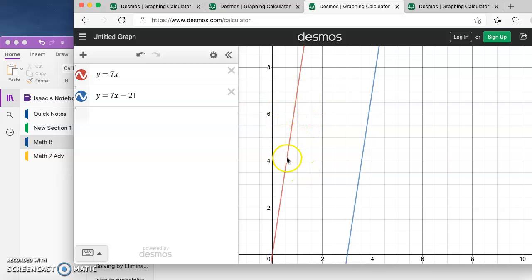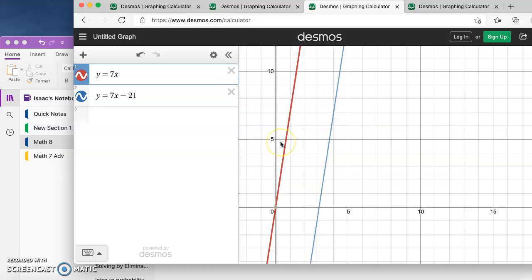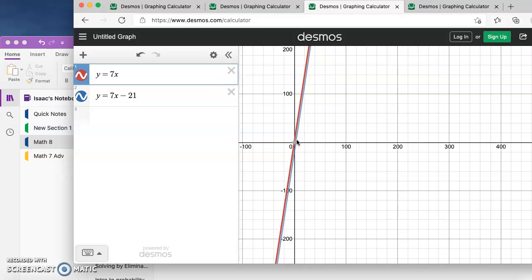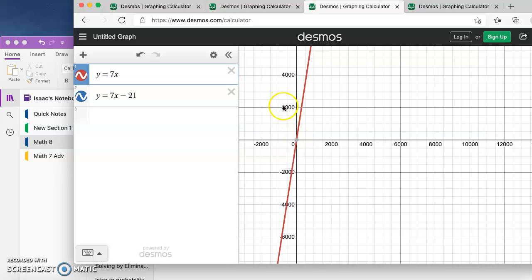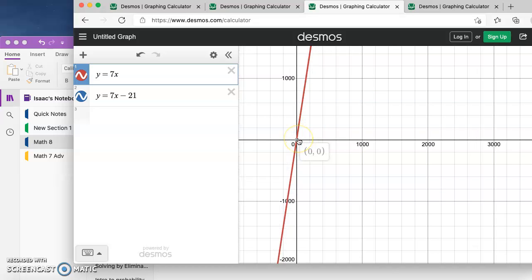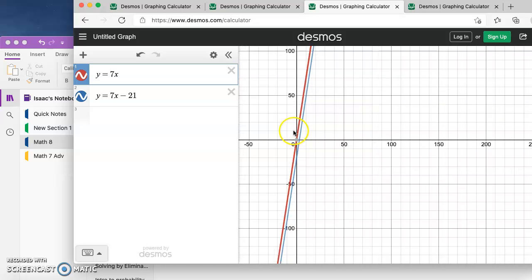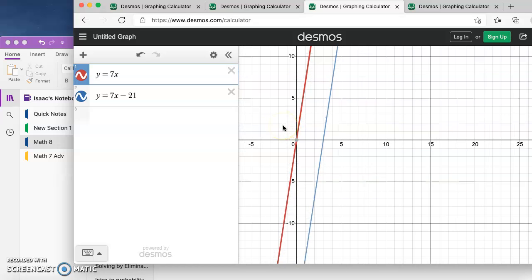You have to make sure they have the same slope, which these ones do. And if you're using a graphing utility, you could potentially just zoom out and zoom out and zoom out until they look like the same line. I'm looking at 2000 something in my scale. Yeah, those have the same slope. They're never going to intersect.